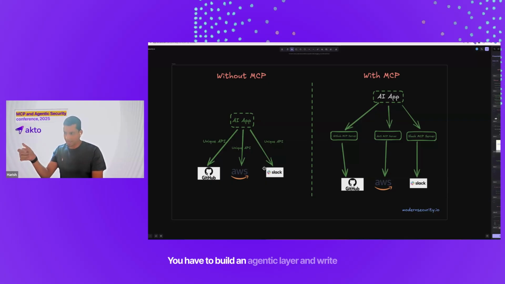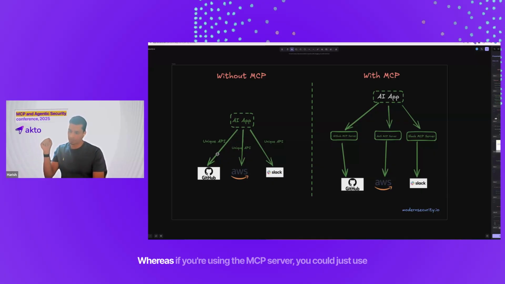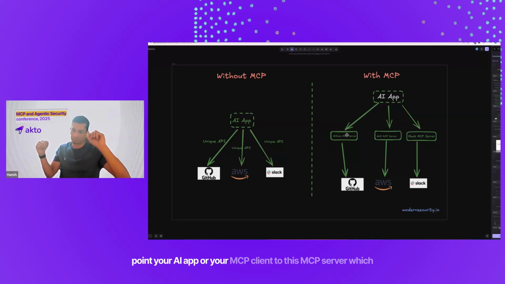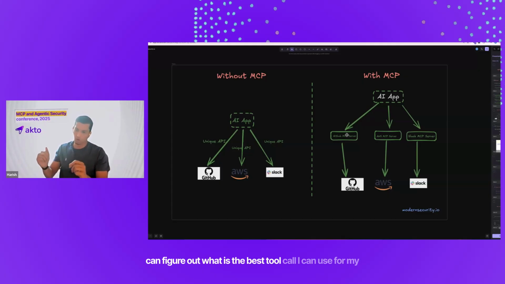You have to build an agentic layer and write all the tool calls within your agentic layer. Whereas if you're using the MCP server, you could just use GitHub's MCP server, which has all the tool calls, and you just point your AI app or your MCP client to this MCP server, which can figure out what is the best tool call I can use for my given outcome.